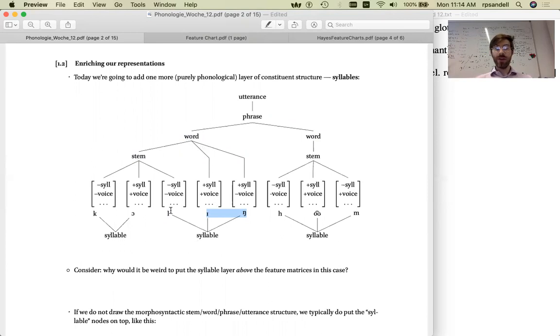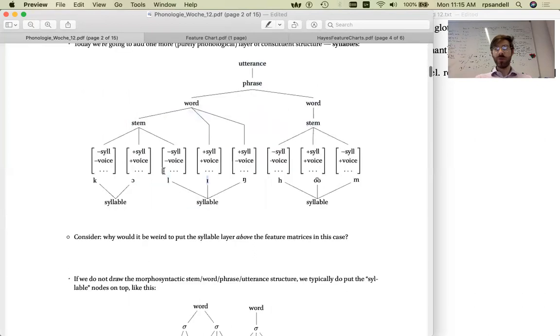If onset and coda formation were stem bounded in English, then when onset formation would apply, this I vowel here would look to its left, see the stem boundary here and say, well, there is an L which hasn't yet been placed into a syllable, but because there is the stem boundary between me, the vowel I, and this consonant L, I cannot put this L consonant into my onset. Instead, because onset formation is not stem bounded in English, the L can be happily associated to a syllable with that I forming onset.